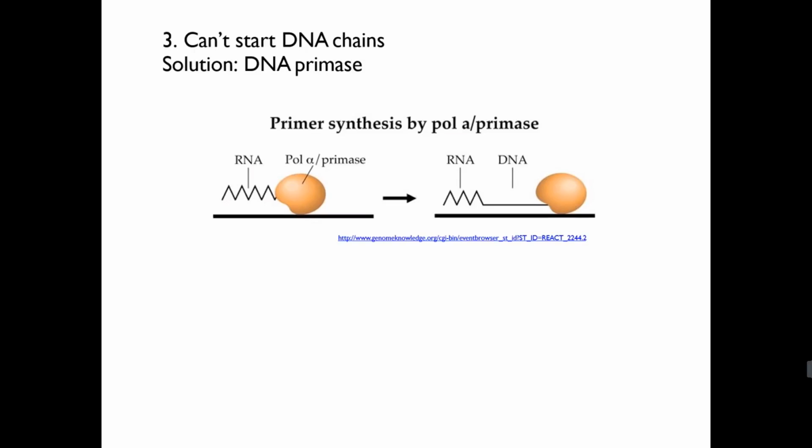So primase starts by synthesizing a primer of about 11 to 14 nucleotides of RNA. So basically we'll have our primase, and it will synthesize about 11 to 14 nucleotides of RNA. That's our initial priming event.